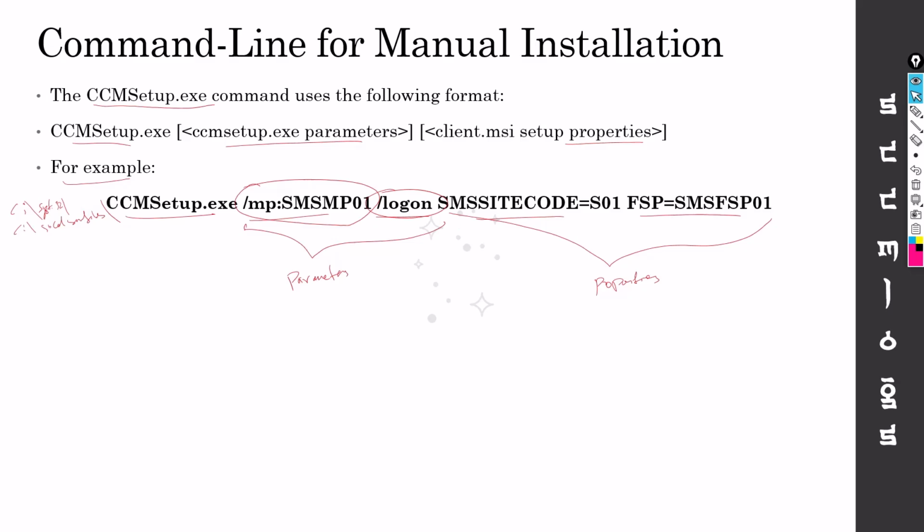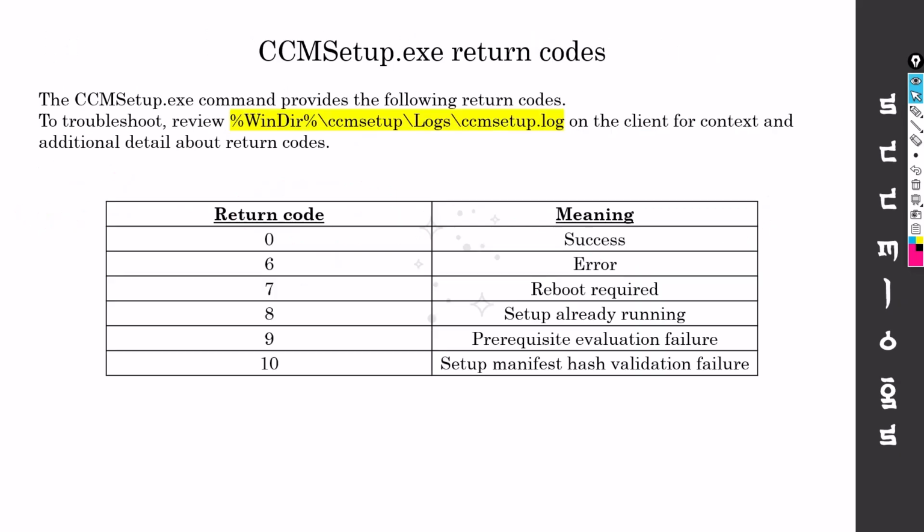Next, we have some return codes. We'll monitor the log file, which is ccmsetup.log in the client location. The client location means the Windows directory, C:\Windows\ccmsetup\Logs, then ccmsetup.log. If you see 0 as the return code, it means success.